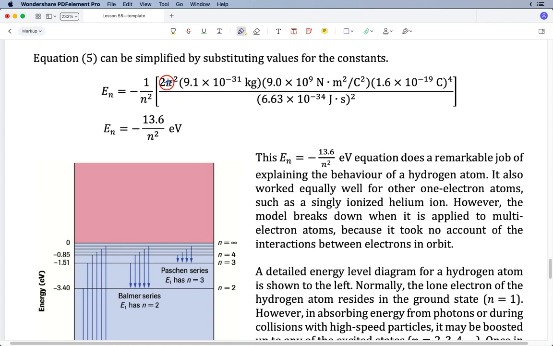Okay, if you typed all of these numbers into your calculator, you would not get minus 13.6. You would get a different number because this first line is showing how you would calculate the energy in units of joules, because we have joules here.